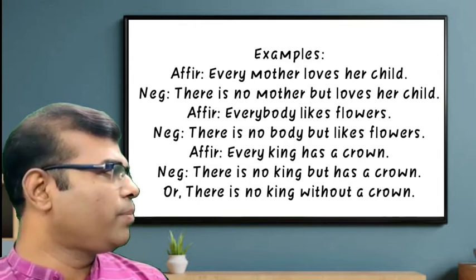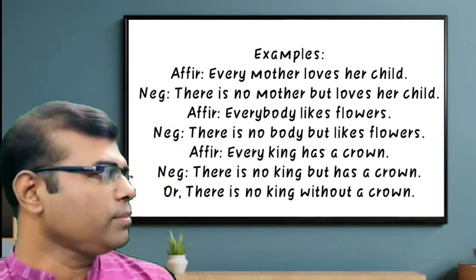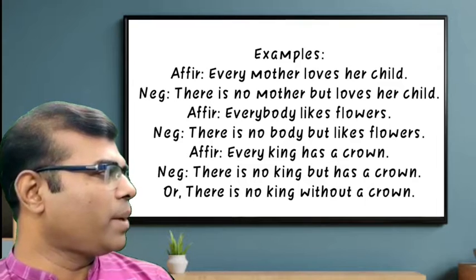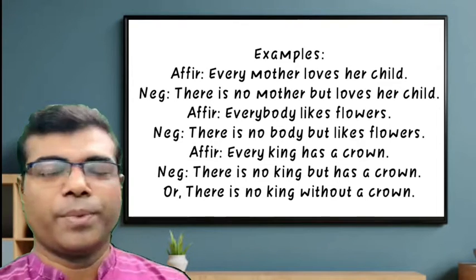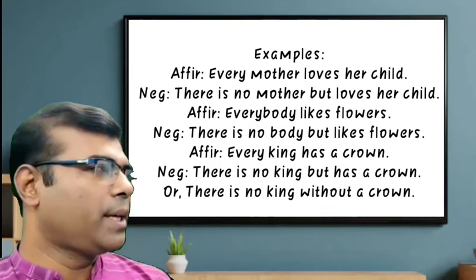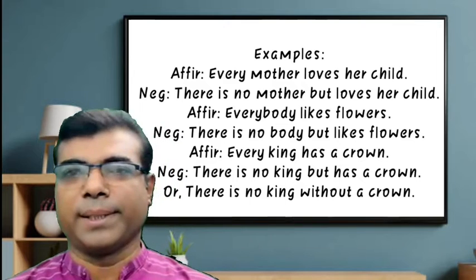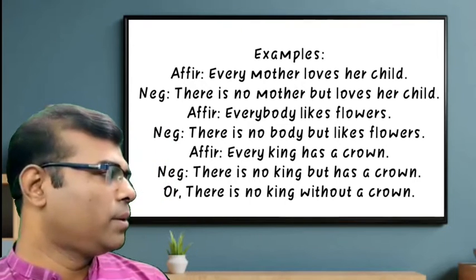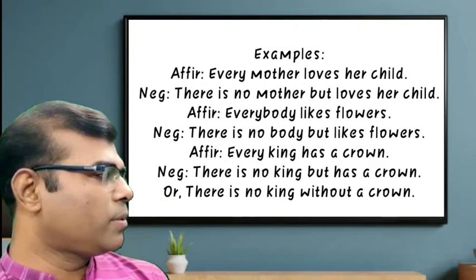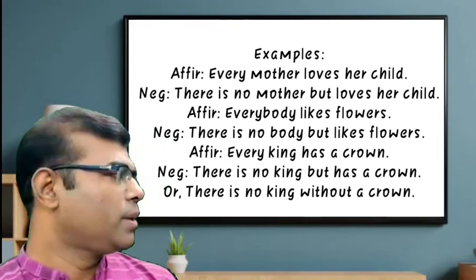As for example, every mother loves her child. In place of every we will use there is no, then the word after every, mother. There is no mother, then we will use but, loves her child. So the negative sentence will be: there is no mother but loves her child.